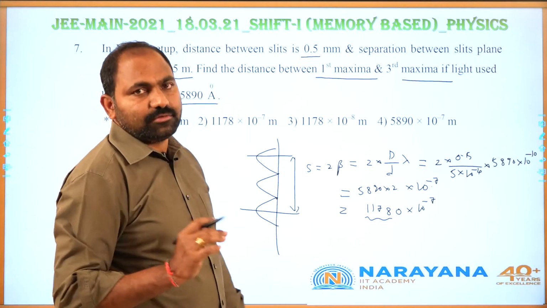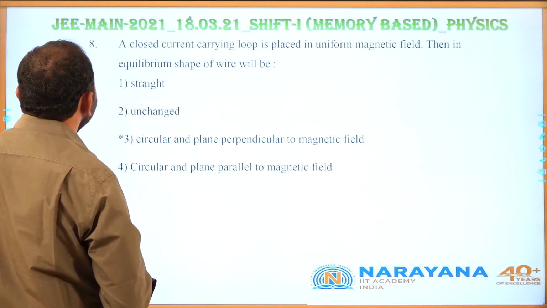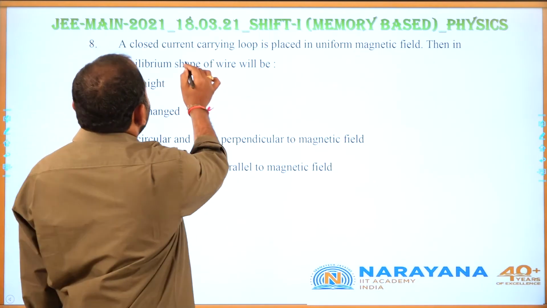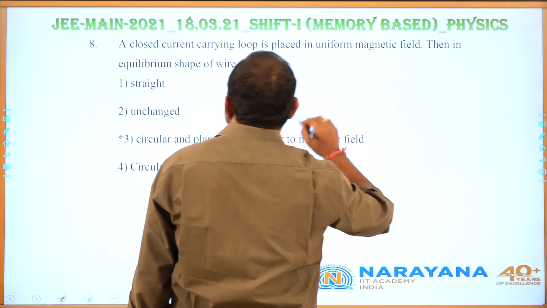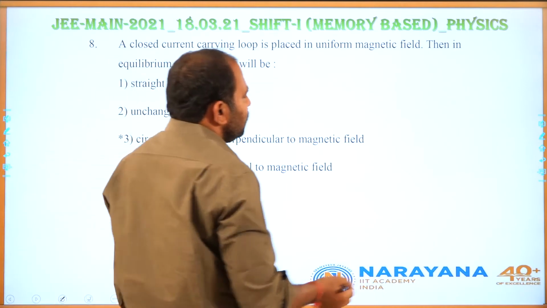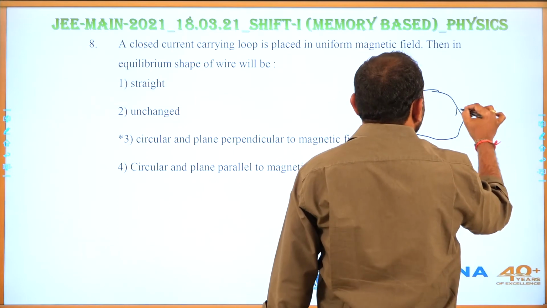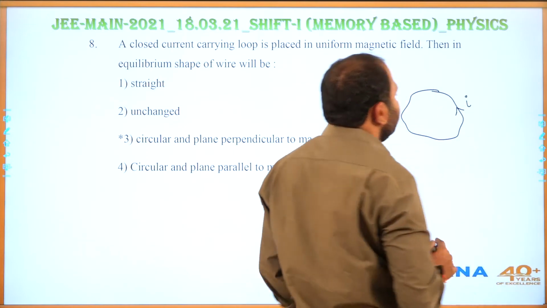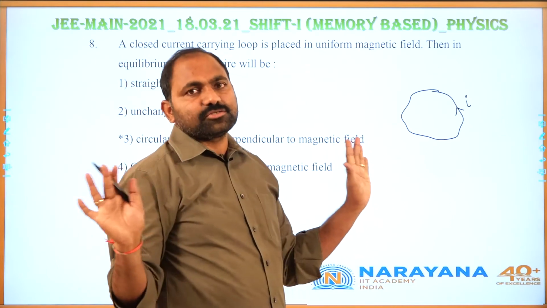Let us go to the 8th question. Here it is given that a closed current carrying loop is placed in a uniform magnetic field, then in equilibrium the shape of the wire will be. Suppose this is a closed current carrying wire carrying some current I. Initially it may not be circular in shape, it is just given that it is closed.